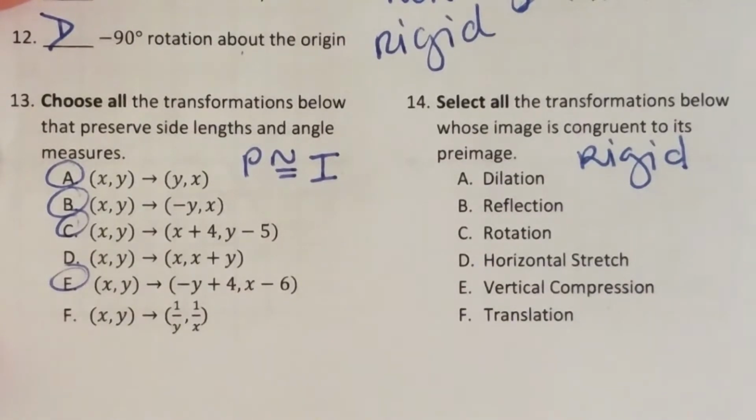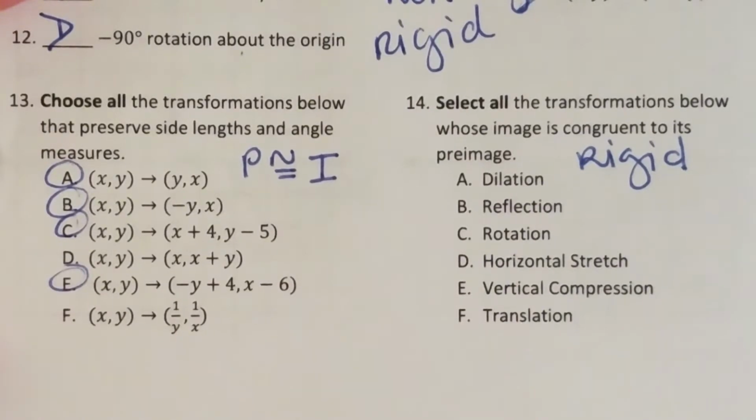Now, if you look at D and F, right off the bat, there's an x and the y coordinate being added together. We haven't done anything in this unit that requires us to add x and y coordinates together, and we haven't done anything in this unit that requires division by any number of any sort. So those are definitely just some other crazy transformation that doesn't hold congruence.